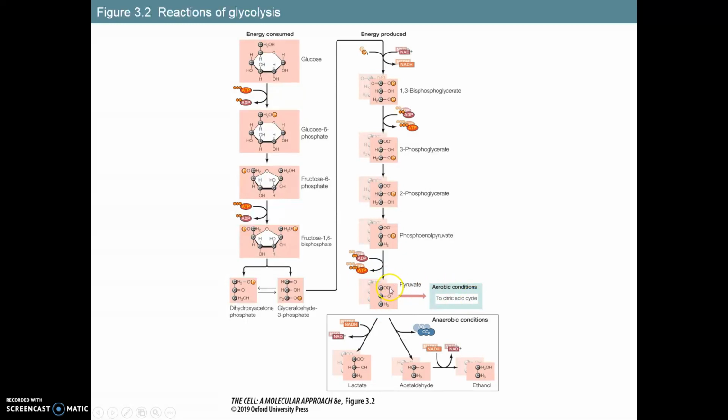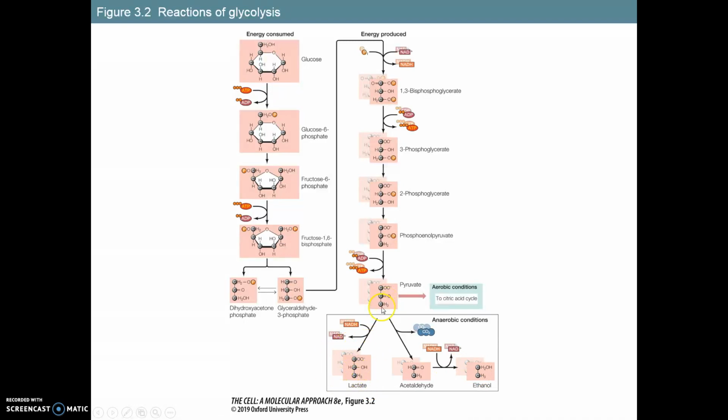As a side note, we can take pyruvate and do some other manipulations to produce either lactate or ethanol, depending on what kind of organism you are. So yeast produces ethanol, and we and other organisms can produce lactate.